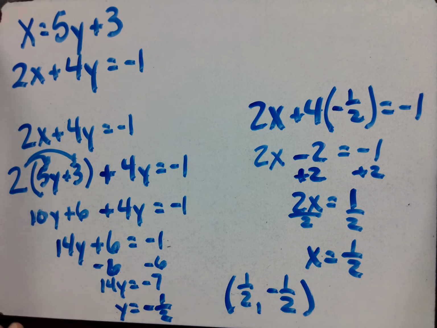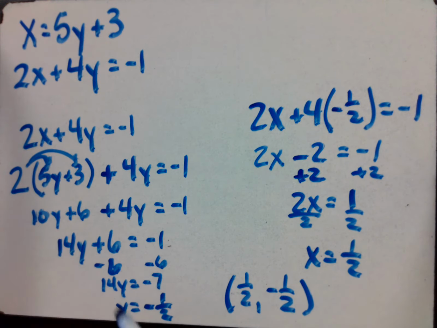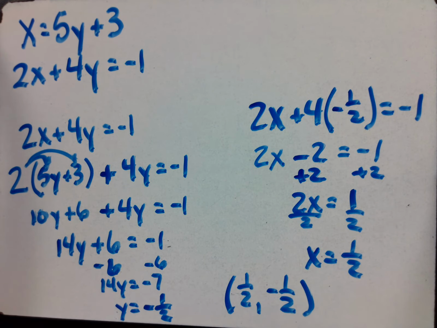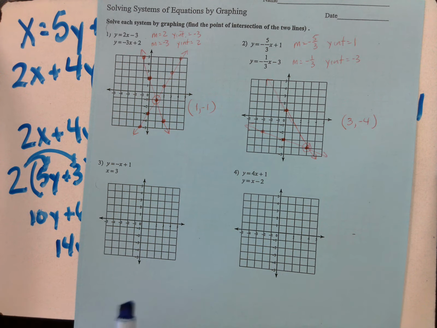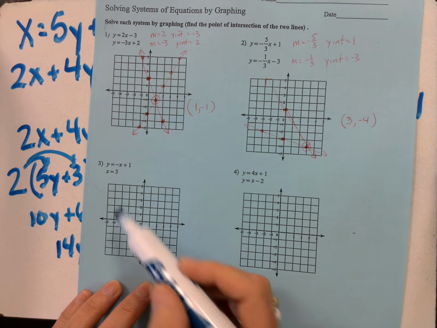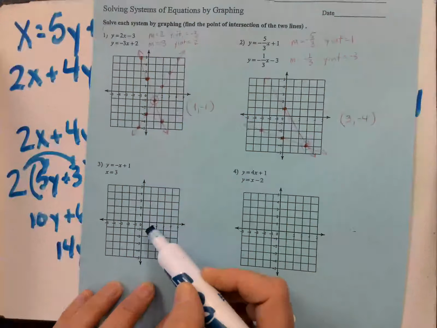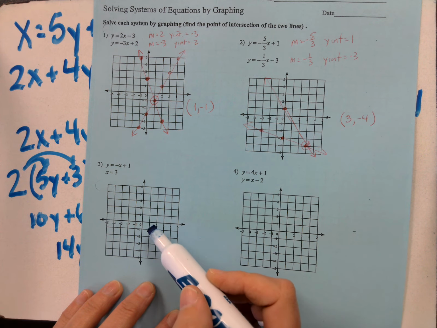And you can tell that using substitution, you might get fractions as answers. And that's okay. You absolutely can have a fraction for your ordered pairs. What this means is on a graph, if you were to graph a system and the solution was 1/2, that means where your lines cross are going to be midway, maybe inside of a square.